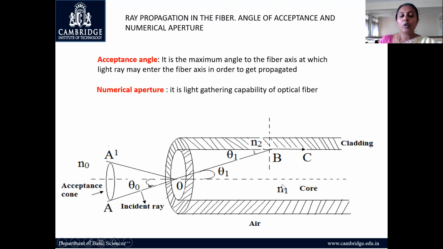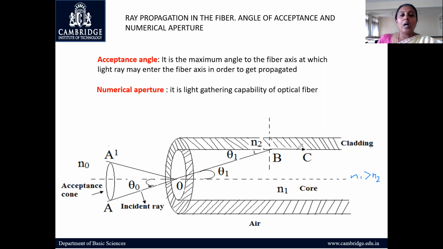Always keep in mind that to get total internal reflection, the refractive indices of the two mediums, core and cladding, are very important. The refractive index of the core must be greater than that of the cladding to achieve total internal reflection.